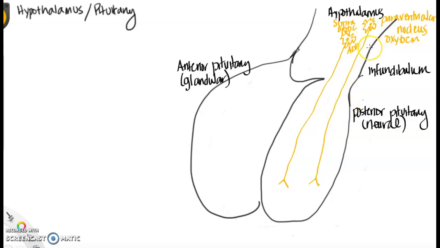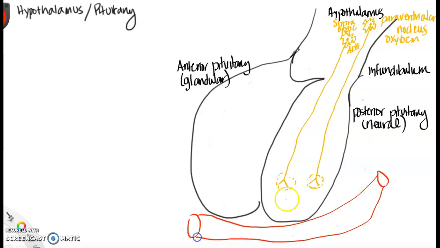Now, when they make these hormones, they are stored in the axon terminals that are located here in the posterior pituitary. And when the hypothalamus knows that we need these things, either oxytocin or ADH, it sends action potentials down here that will secrete those substances into the blood.